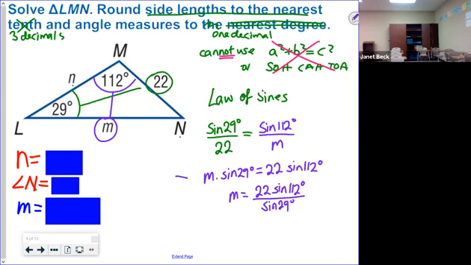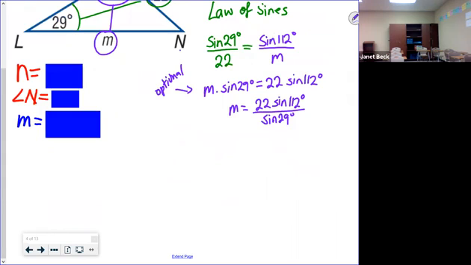This line here is optional. I personally don't need to do it. I can move from here to here, working in my head, and if you can and get it right every time, then just do it in your head, that's fine. Okay, now tap that into a calculator and see what you get.